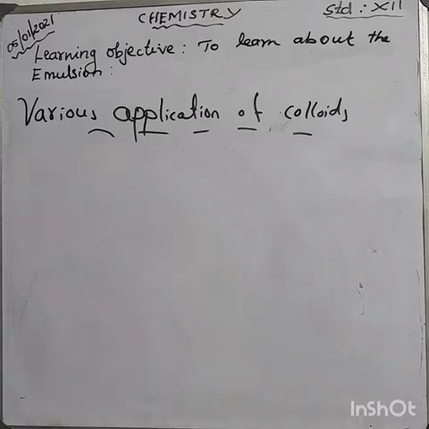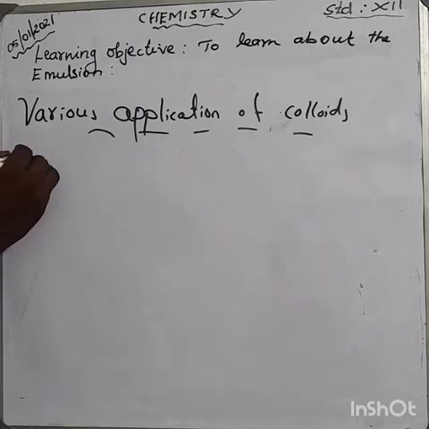Our human body also contains numerous colloidal solutions. For example, blood in our body, protoplasm of plant and animal cells, and fat in our intestine. These are all in the form of emulsion. Clear? What are the important points? Blood in our body.